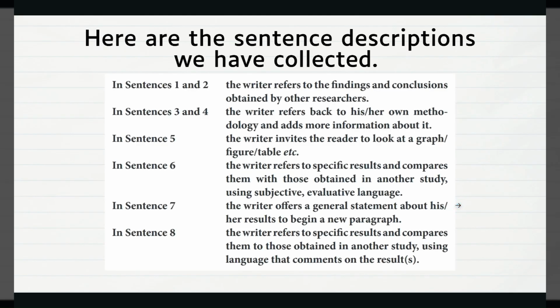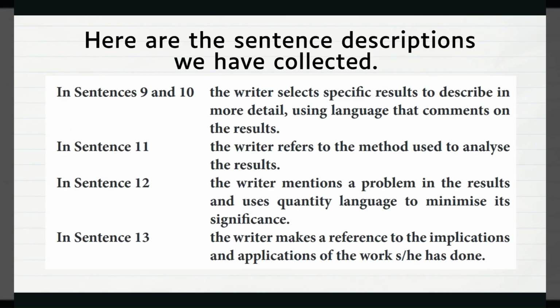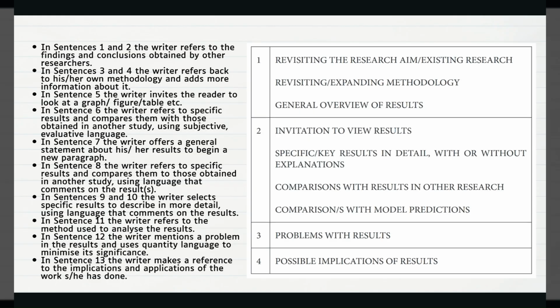To this end, we are summarizing here the descriptions that were gleaned from the analysis of the text. And we're able to paint a picture of how each sentence was able to contribute or correspond to the moves that were used to discuss a particular section of chapter 4.